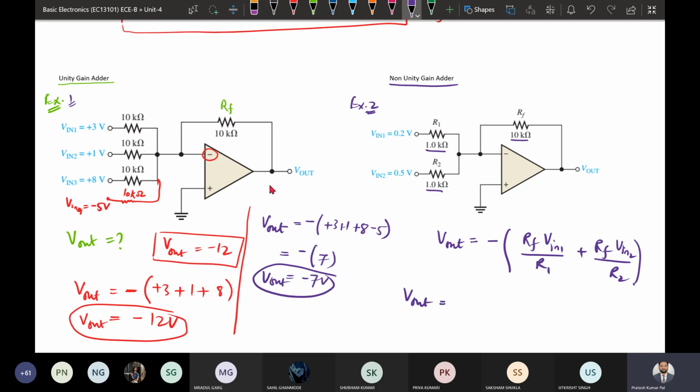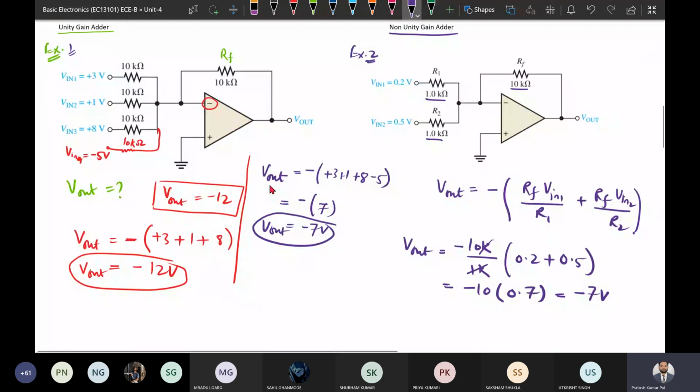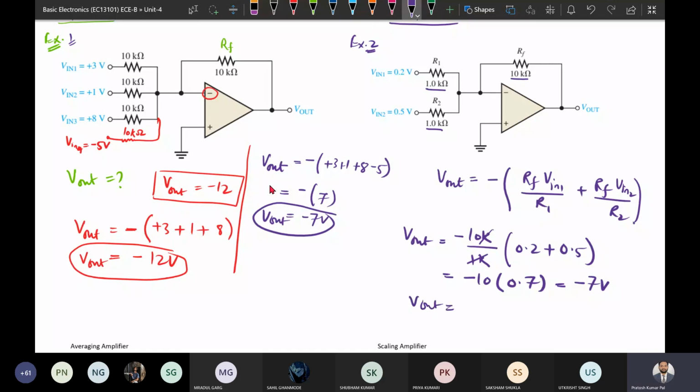By putting the values, it is minus 10k, taken outside, divided by 1k, since R1 and R2 are equal, times V input 1 plus V input 2. V input 1 is 0.2 plus 0.5. Now 10k divided by 1k is 10, so minus 10 multiplied by 0.7. Once it is multiplied, it is minus 7 volt. So the output V output is minus 7 volt.